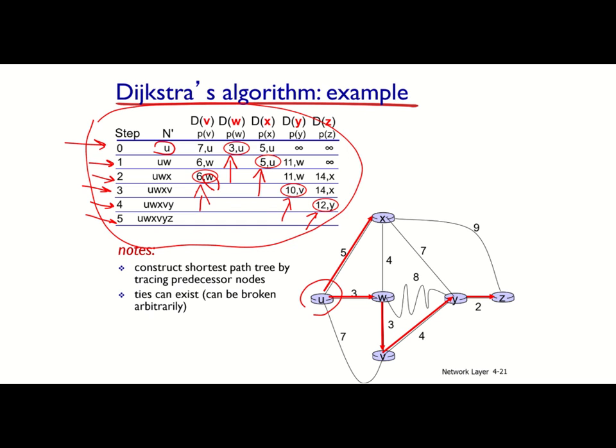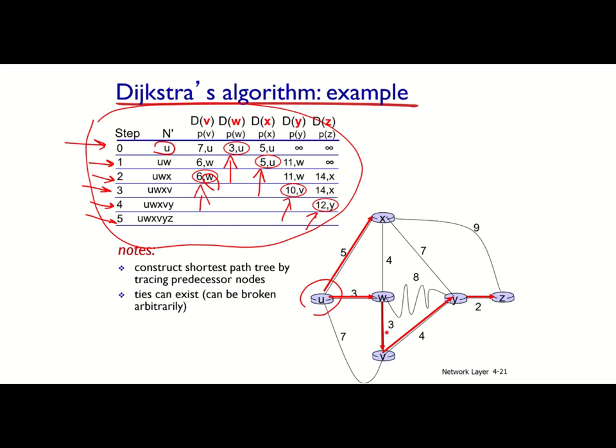So how can I find out this path using this table and using predecessors? You have to first find the predecessor of z. As you see here, the predecessor of z is y. So the node before z is y, and the node before y is v, because v is the predecessor of y, so you have to use v to reach y, and then you have to use w to reach v.